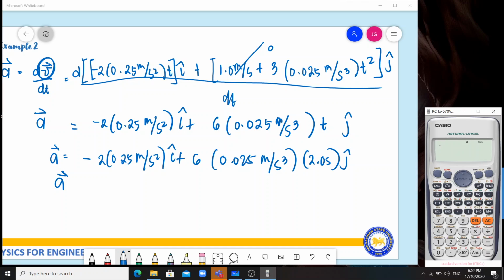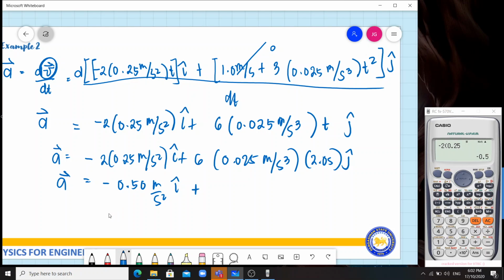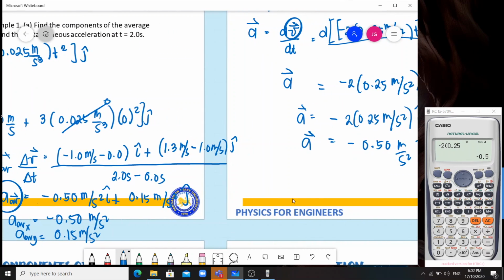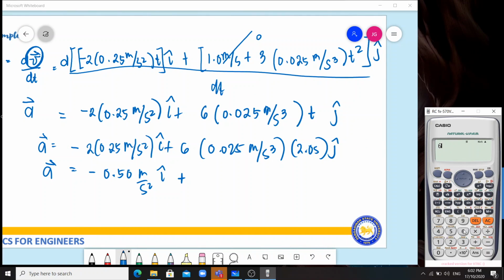Negative 2 times 0.25, that is negative 0.50 meter per second squared i, plus 6 times 0.025 times 2, 0.3 meter per second squared j.